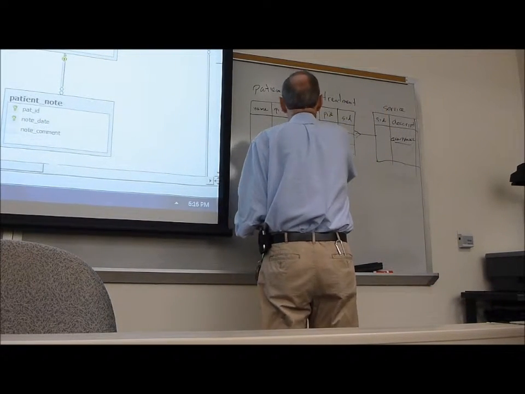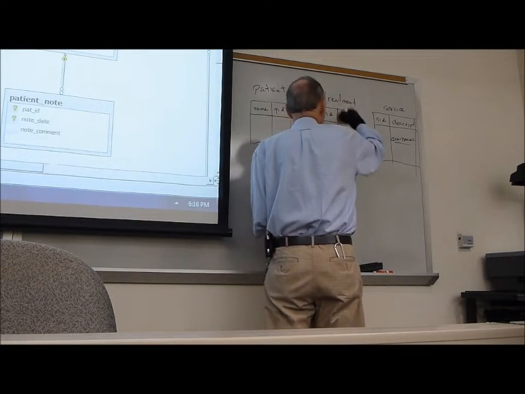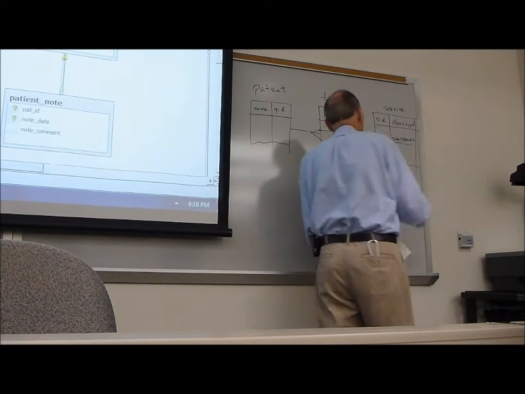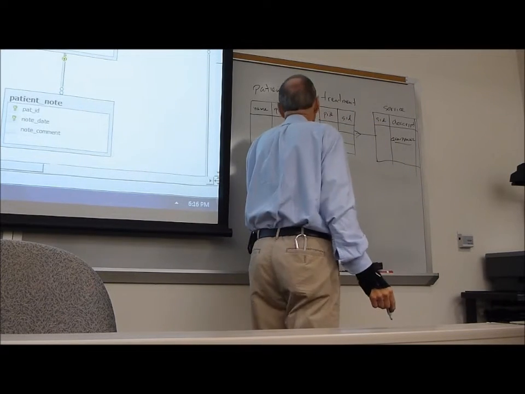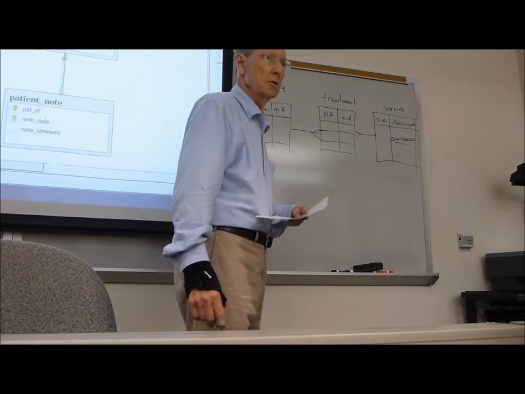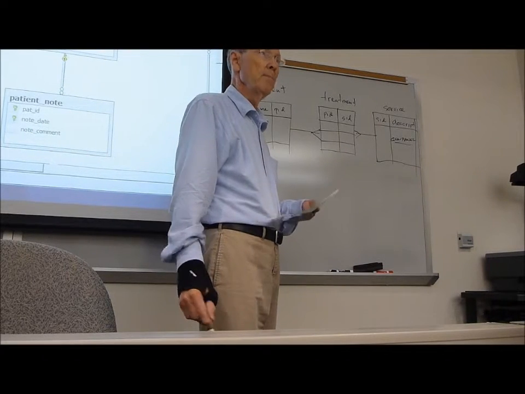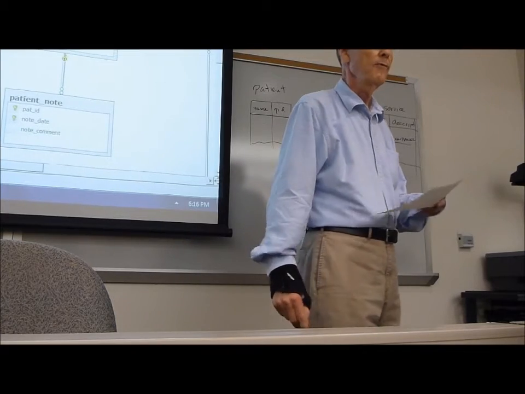But this simply says that for every record in here, I can have multiple records in here. So basically, it's a connection between the patient and the services. So one patient may have only one service, another patient may have 3 or 4 or 5.